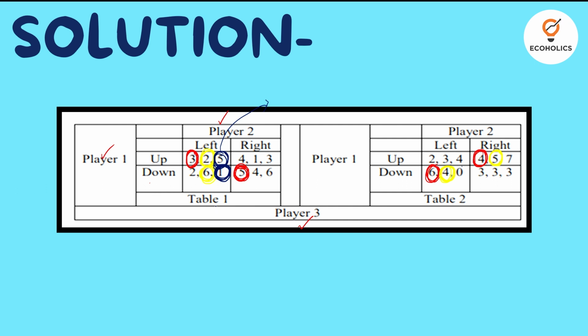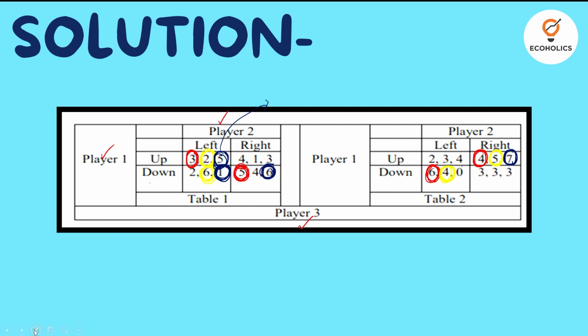Then player 3 can choose between table 1 and table 2, which means selecting between 3 or 7. So 7. And when player 1 has down as strategy and player 2 has right, player 3 can choose between table 1 and table 2, which is 6 or 3. So 6 is a better payoff, so mark it.